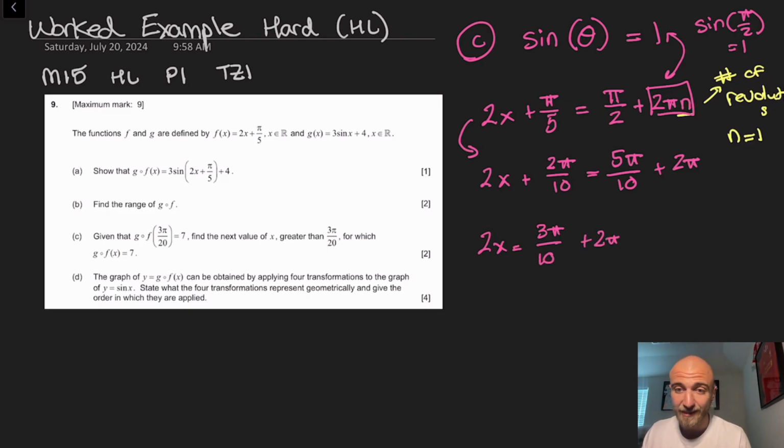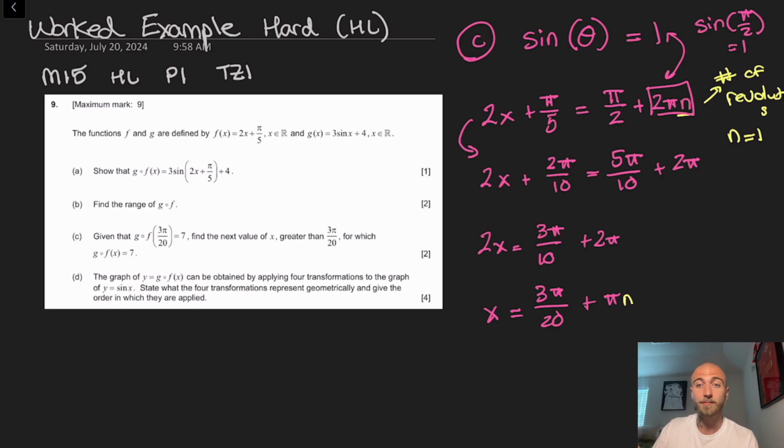Then if we divide everything by 2 to leave the x by itself, so get rid of that coefficient, we will have 3 pi over 20 plus pi. Now, remember that n is technically still hidden in here, which means that every time we go n pi's, or 1 pi, 2 pi, 3 pi's, n is just taking on an integer value here.